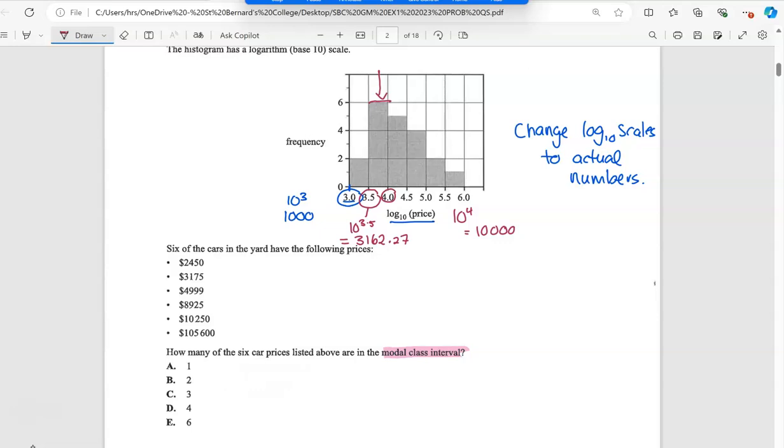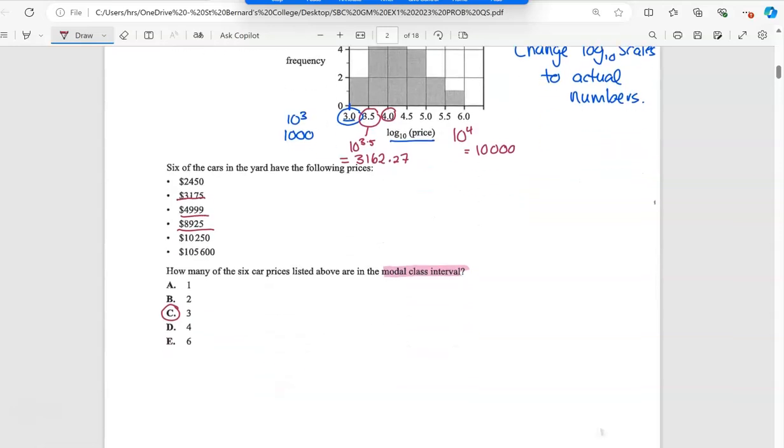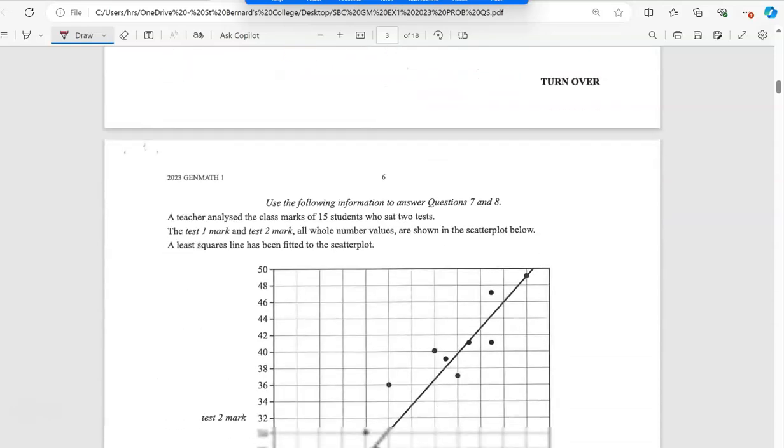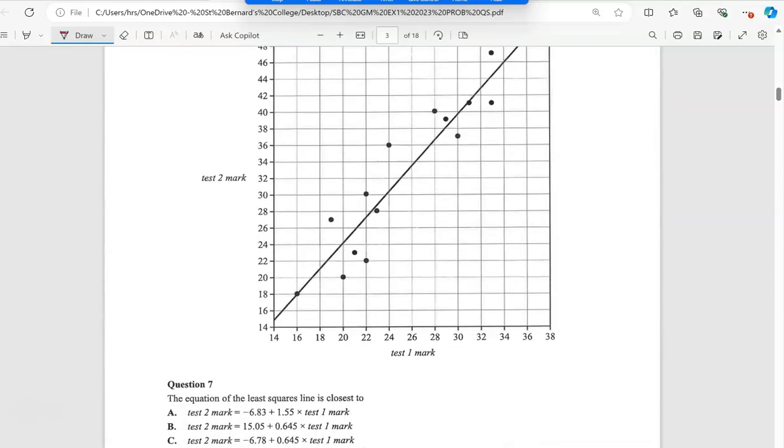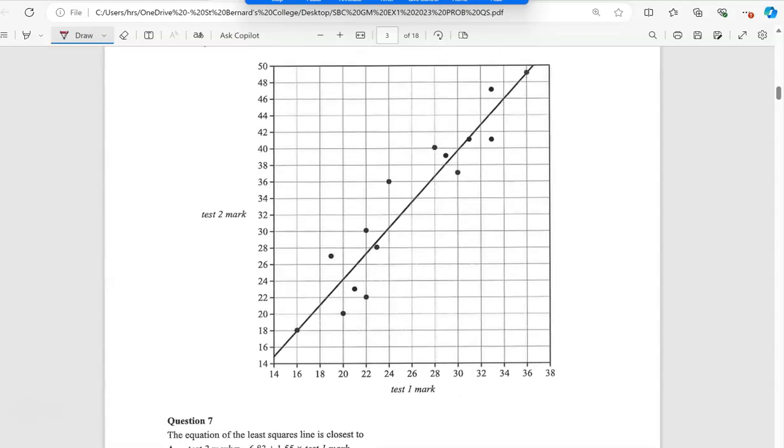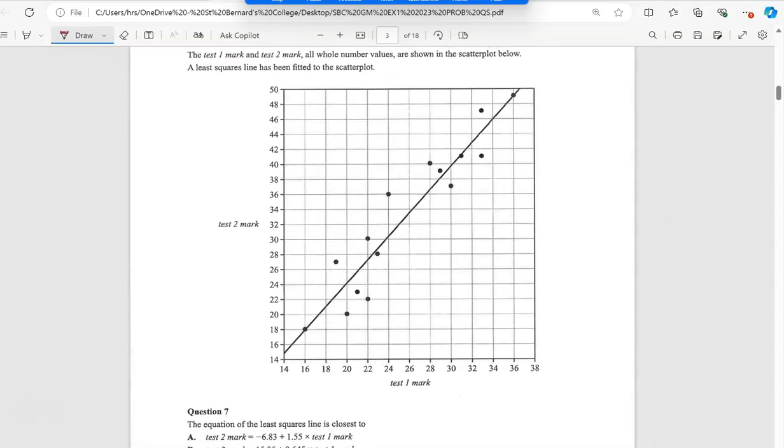So if you go through, that one is above it, that one is, and this one is, and the other 2. So we've got 3 out of those in the modal category. So I'm tipping that was just for getting log scales, because it was 50%, so not a huge thing.